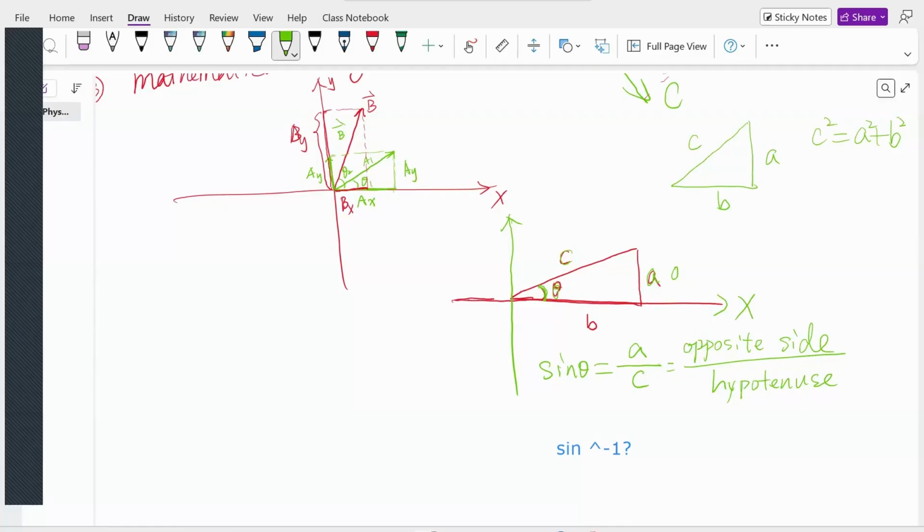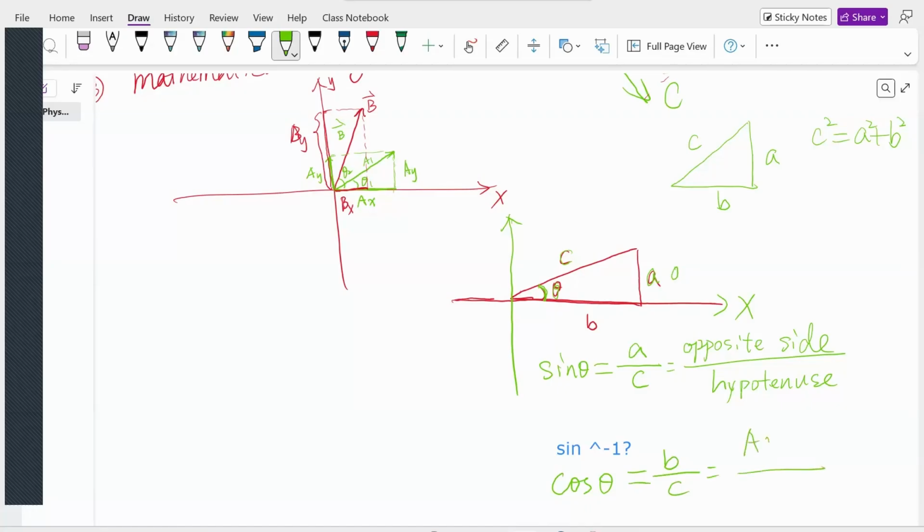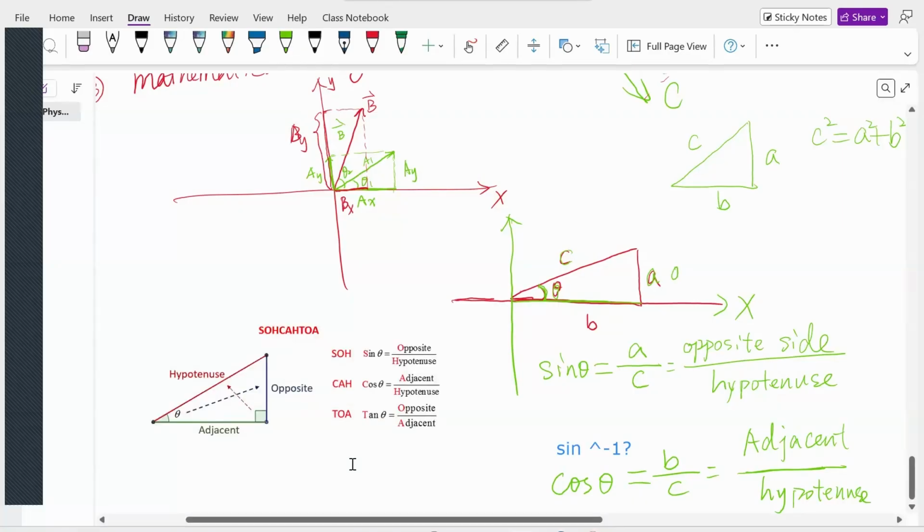That's sine. And then what's the cosine? So you get cosine theta would be B over C. This is adjacent. Adjacent means that it's on the side, next to the angle, and then over the hypotenuse. And we call it SOHCAHTOA. That's how sine theta, cosine theta, tangent theta are defined.